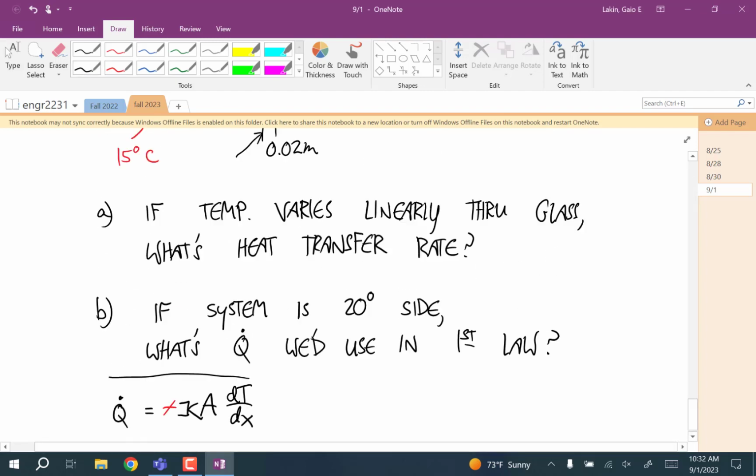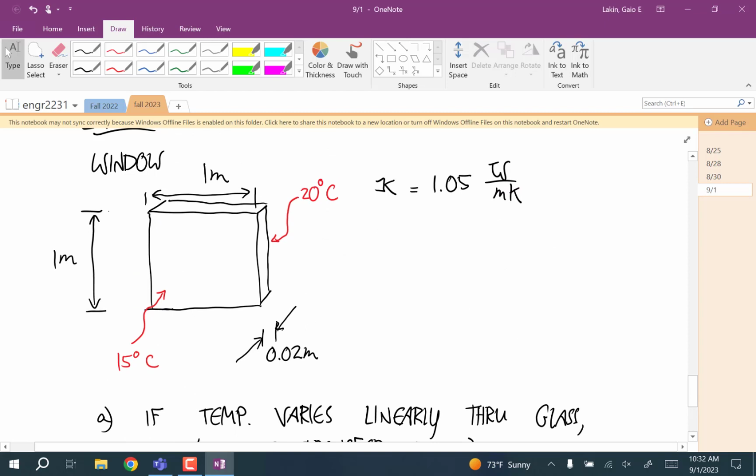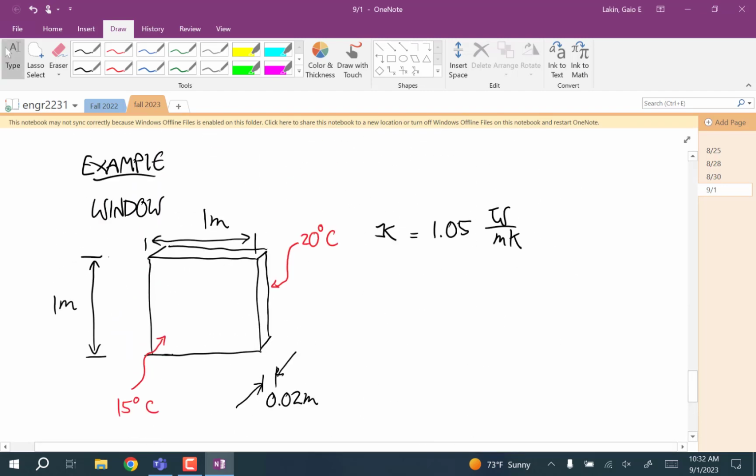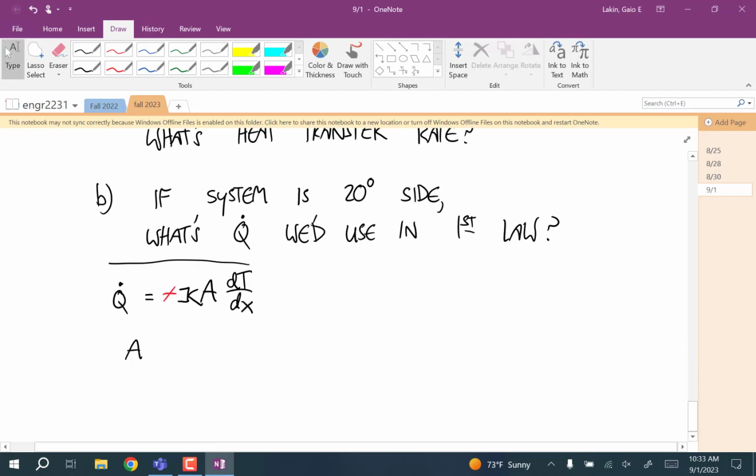What are we going to use for the cross-sectional area? So we have a few dimensions. Which area do we want? 1 meter by 1 meter. That's right. Everybody see that? So it's the dimension that's perpendicular to the flow of the heat transfer. Think of if the heat's moving through a window, it's the size of the window. That's actually what it is this time. So 1 meter times 1 meter, so 1 meter squared.